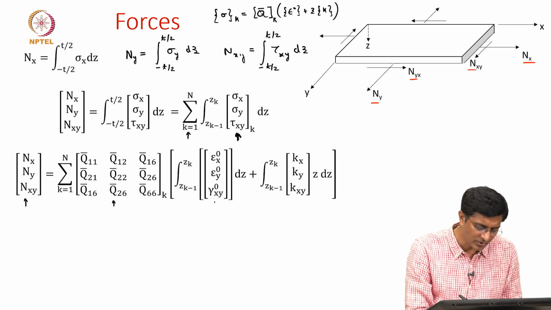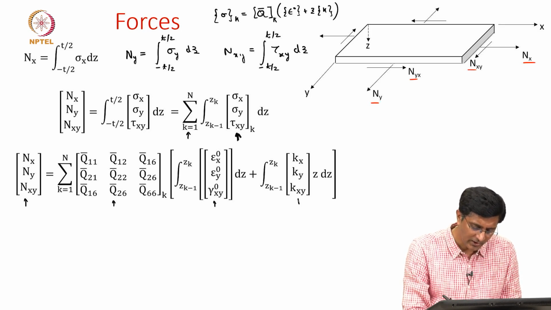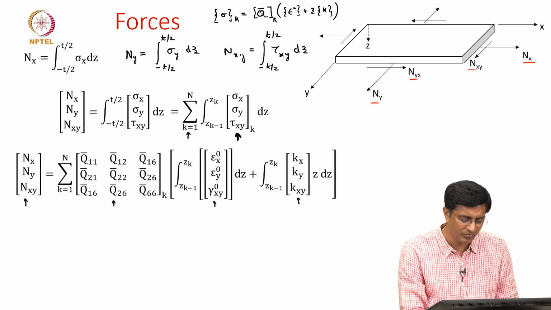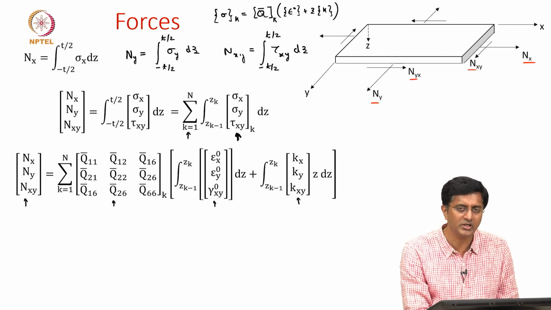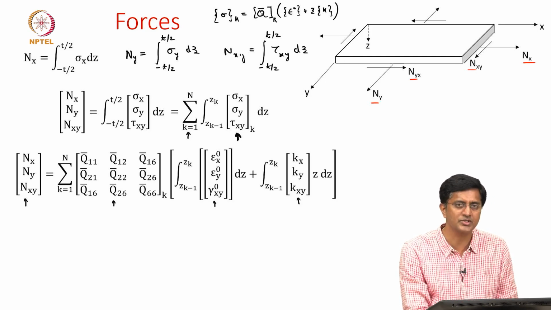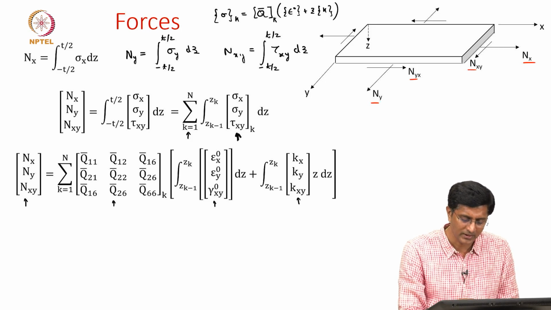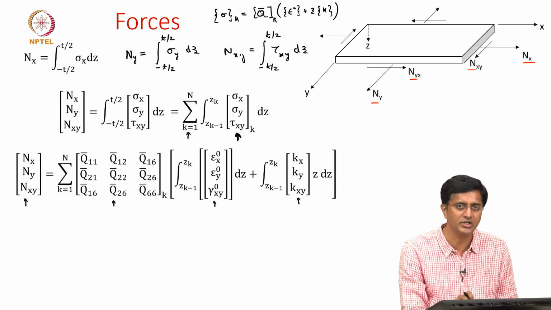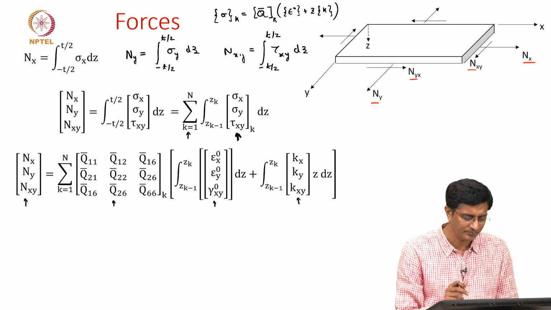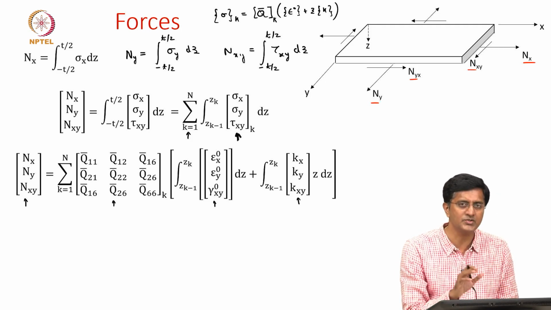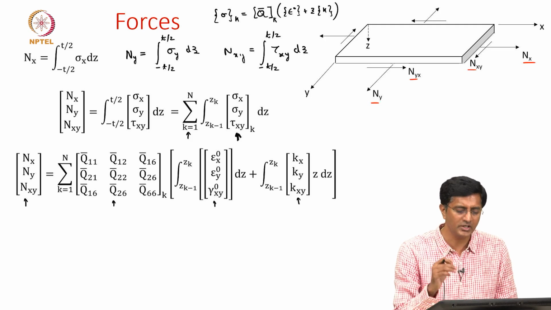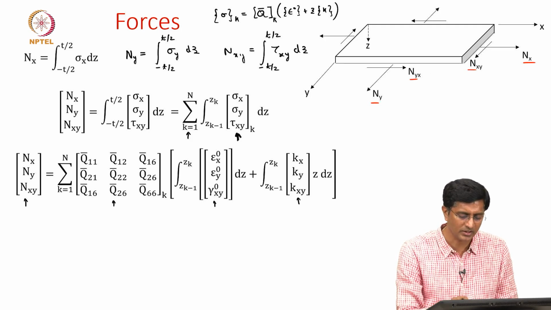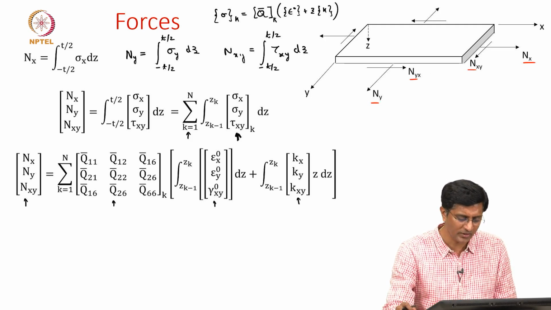But when it comes to the mid surface strains and the curvatures, we need to still keep them in the integration because these are functions of z. At least this z times curvature is a function of z, so we should still keep them in the integral. But they can be taken out of the summations because from each layer they don't change. They are constant across the layers. Now let's see how we can simplify them.